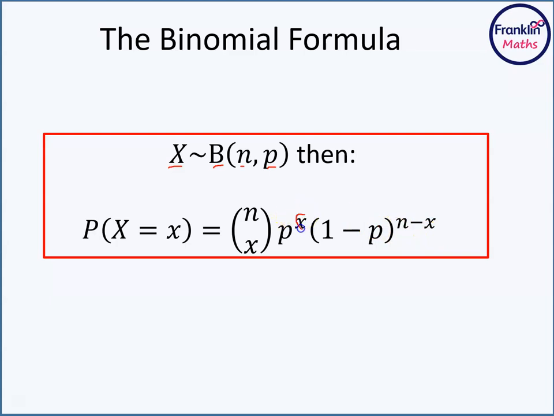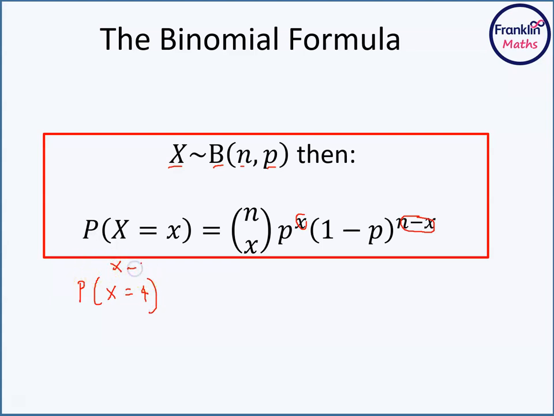Now the powers, if you have a look, will always add up to n. That's something we found with the binomial expansion. So for instance, if I had the probability that X is equal to 4, I just need to make myself a distribution here.